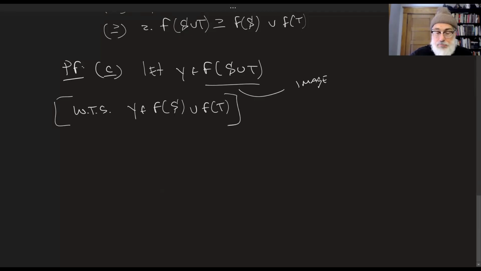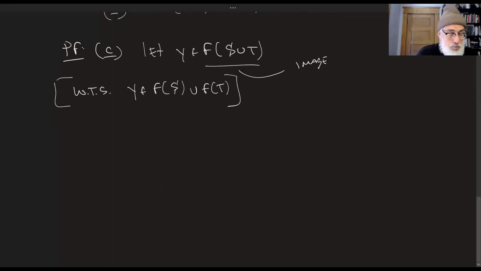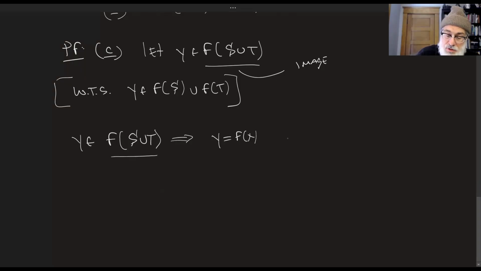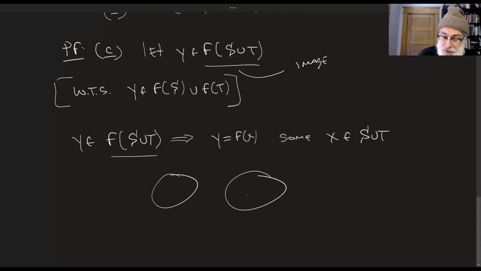Okay. So we have some element y in f of S union T. This will imply that y equals f of x because this is an image under a function. Remember our definition of function. So this is true for some x in S union T. In other words, I have this situation.